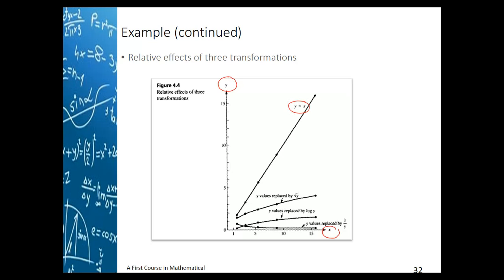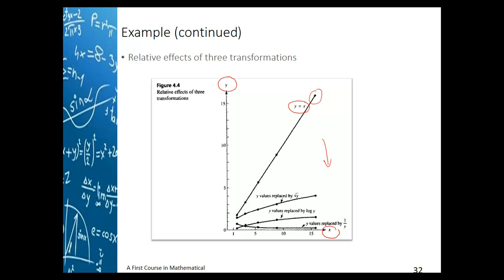Now, as I mentioned there, if we transform our original y equals x, if we replace y with the square root of y, what happens is that we take out something over here on the right hand side and bring it down.